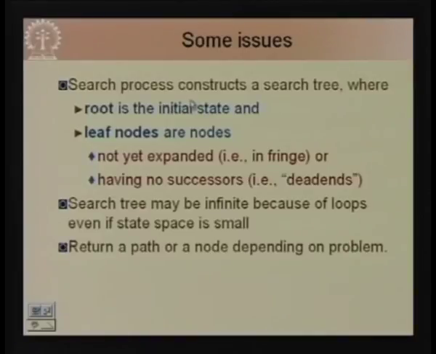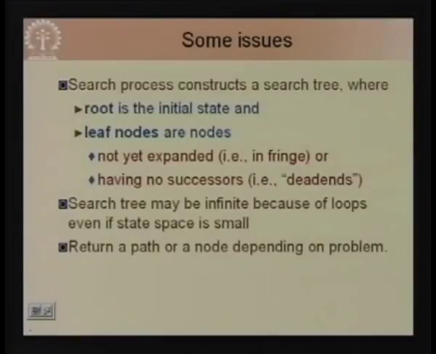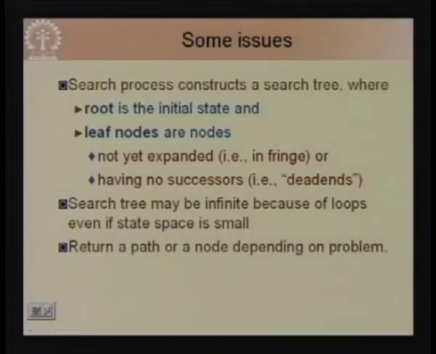Our search process will construct a search tree where the root is the initial state and the leaf nodes are those nodes which we keep at fringe. They are those nodes which are not yet expanded, that is, which have been generated and are yet to be expanded, or those nodes that have no successors, that is, they are dead ends. The search tree may become infinite even when the search space is finite, because there could be loops in the state space.